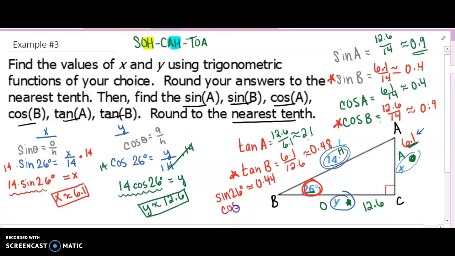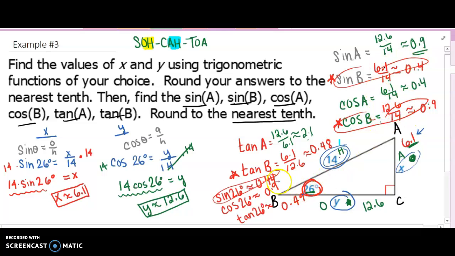Okay, what is the cosine of 26 degrees? You should have gotten roughly 0.9. And what is the tangent of 26 degrees? You should have gotten 0.49-ish.